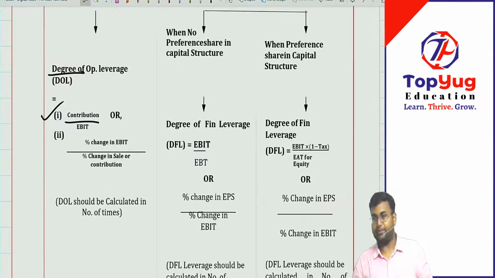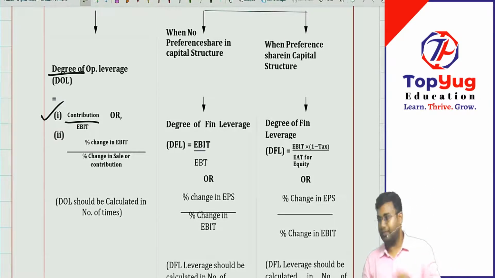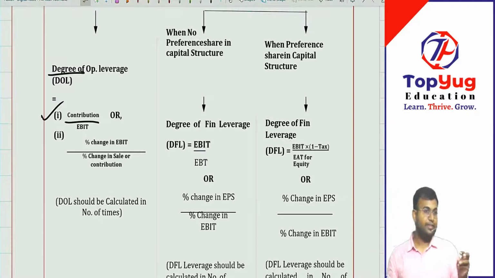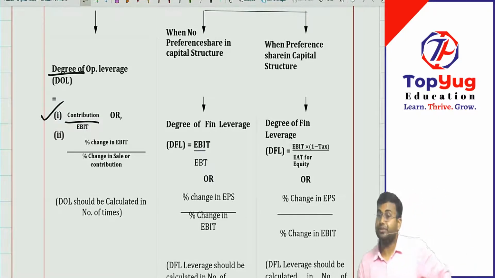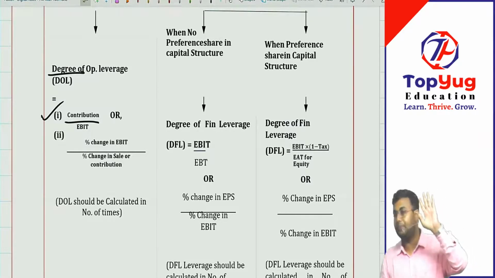Are we able to understand this point? In a place where you don't have a bifurcation of fixed and variable cost, will the first formula be of any use? If you have a bifurcation of variable cost and fixed cost, you can easily implement the first formula.